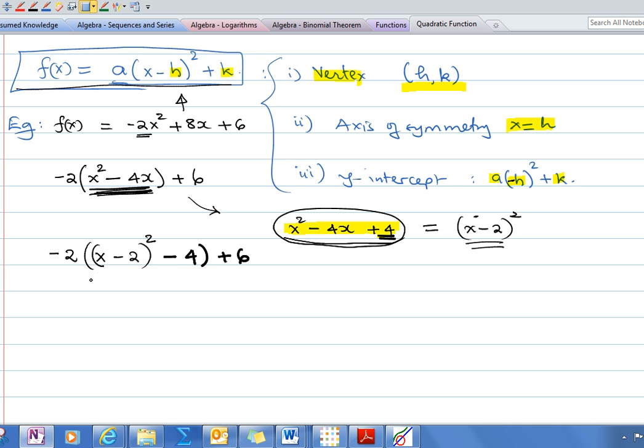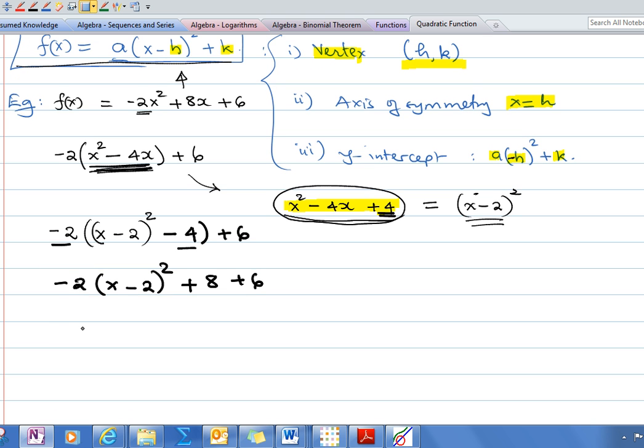When I open this, I can rewrite this as negative 2(x minus 2) squared plus 8, of course, because minus 2 times negative 4 is positive 8, and then plus the 6.